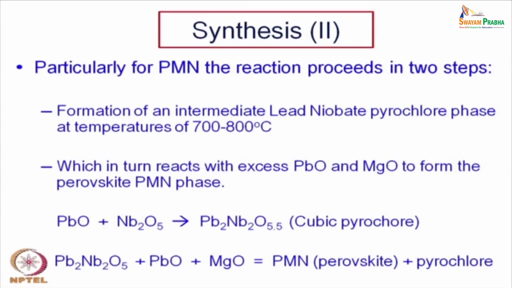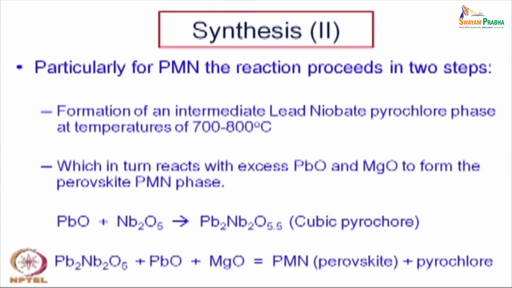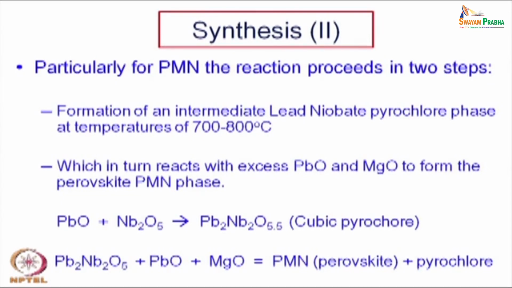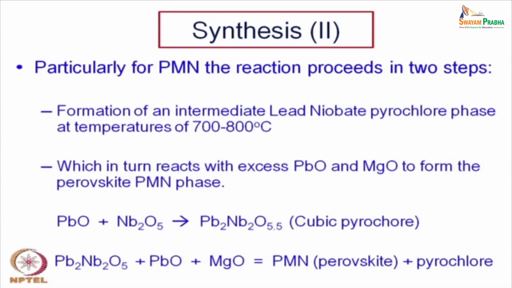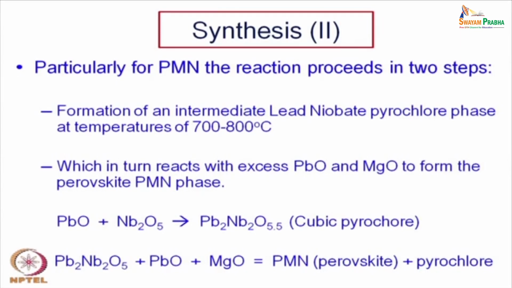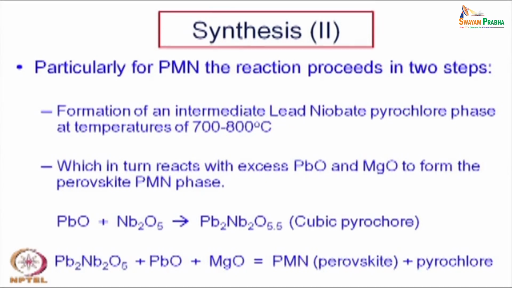Looking at the case of PMN, so far as the synthesis is concerned, the reaction proceeds in two possible steps. The first step is the formation of an intermediate lead niobate pyrochlore phase.